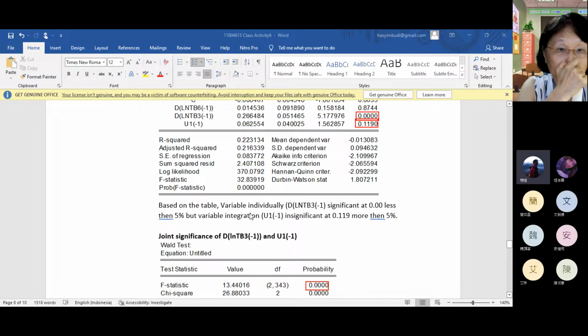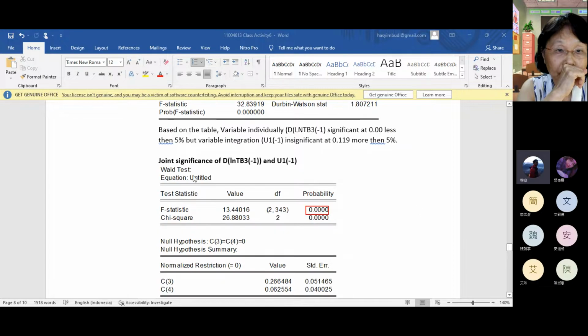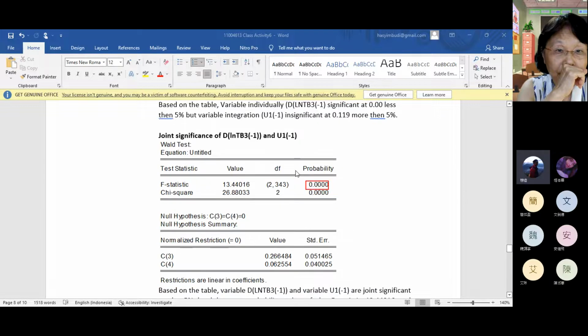Individually, TB3 is significant at less than 5%, but the variable U1 is insignificant at more than 5%. So we use the joint significance test. The F statistic value is very high and the probability is 0.08, less than 5%. It means significant.